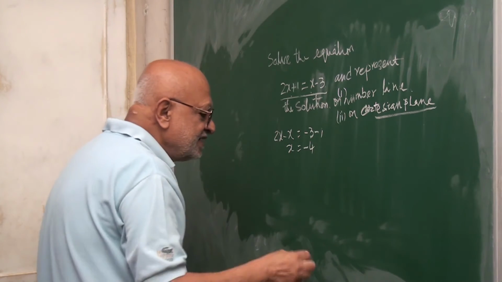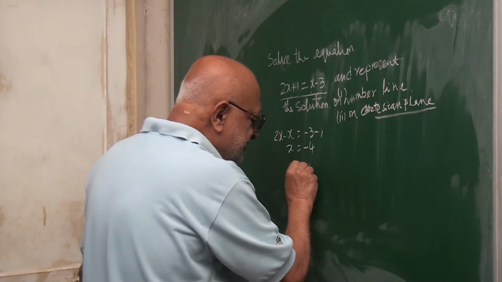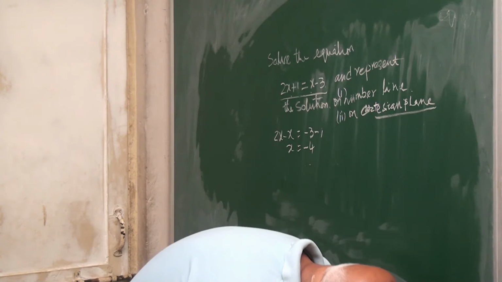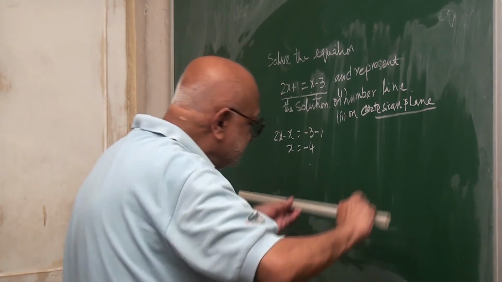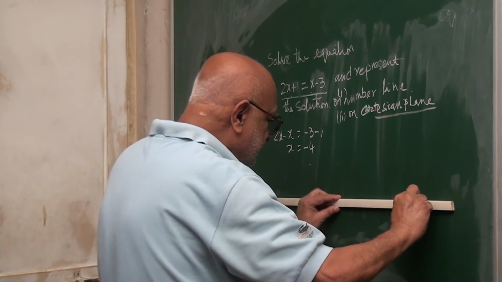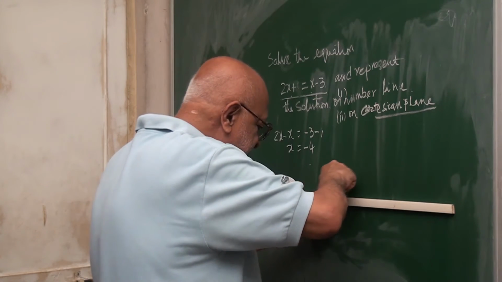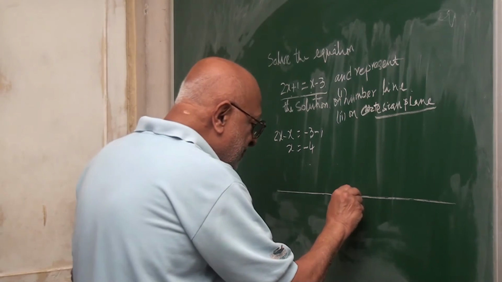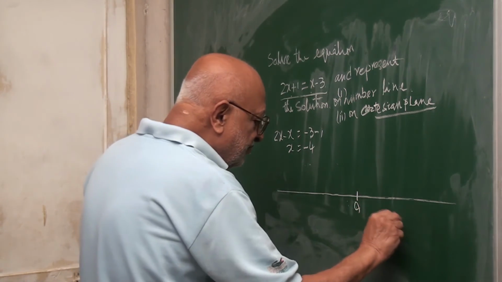So you have a number line here. Why should I use my hand? I have a device now, a help which I can use, so that will be at least a pretty good one. Okay, so here is 0. This side will be positive.